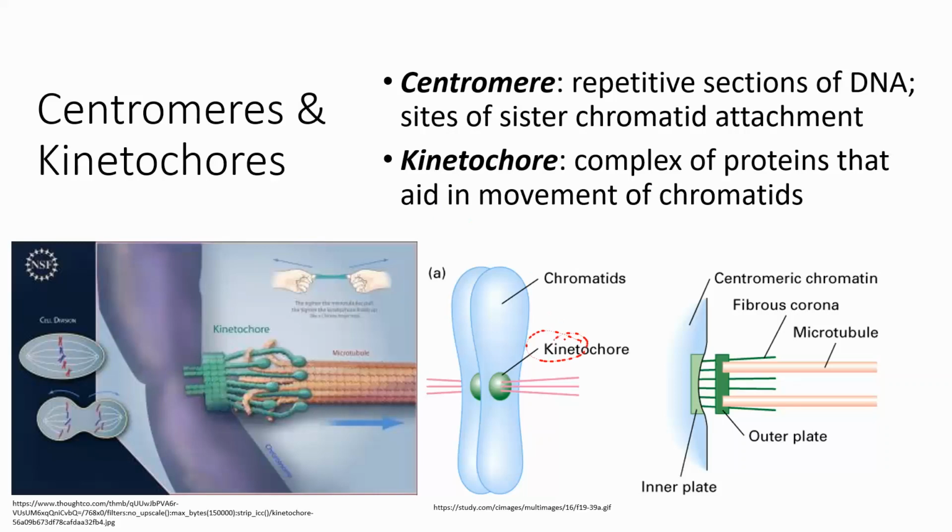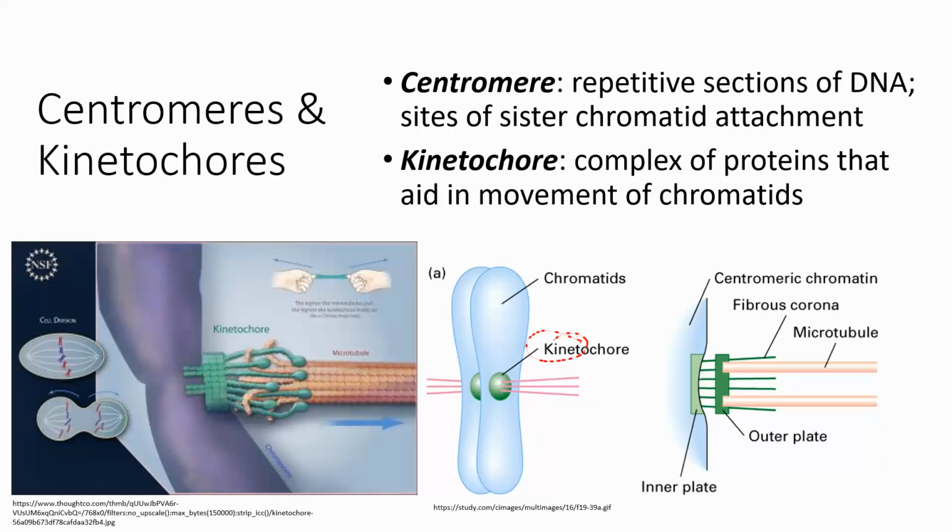Well, kinetic means movement. So the kinetochore is the part of the chromosome that's going to allow for movement, and that's the point at which the fibers of the protein spindle, if you remember what that is, will attach and start to pull these chromosomes around. So that's where the movement's going to happen.